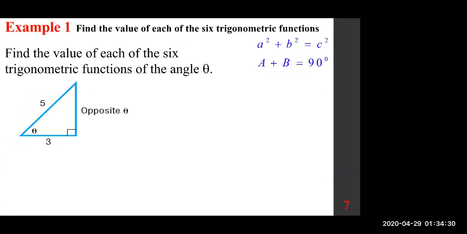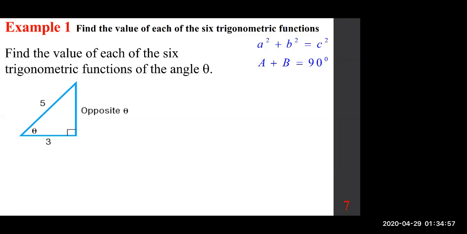So let's start with this example, okay? We are interested in finding the value of each of the 6 trigonometric functions of the angle theta, knowing that one side is 3, one side is 5, and the opposite of theta is missing. So the very first thing is to figure out what is the side missing using Pythagorean theorem.